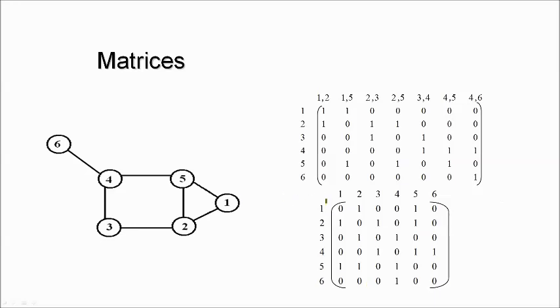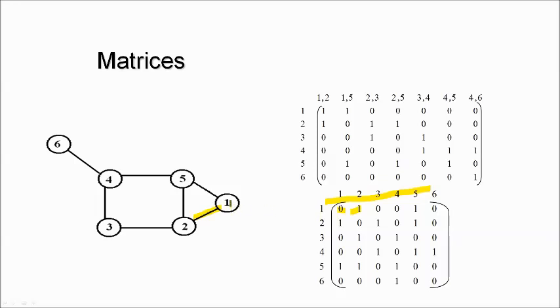So we have here vertices 1, 2, 3, 4, 5, 6. For example, do we have an edge from 1 to 1? On vertex 1, none, because we don't have a loop. Next, do we have an edge from vertex 1 to vertex 2? Yes, we have an edge here, that's why we have 1 here.